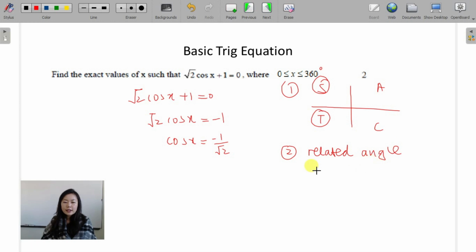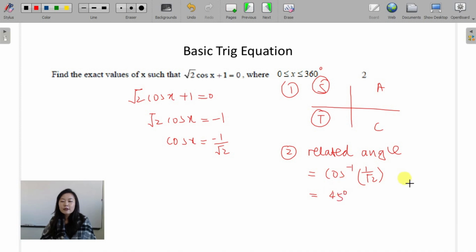How do you calculate the related angle? You can just use the calculator for this. I recommend putting in inverse cosine of 1 on root 2, so shift cos 1 on root 2 without the negative, because that will always give you a first quadrant answer, which is much better to work with, less confusion. It should come out as 45 degrees.